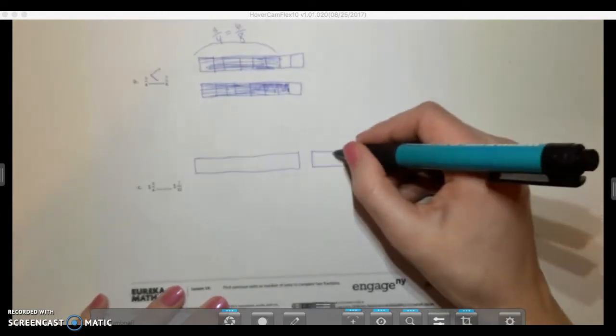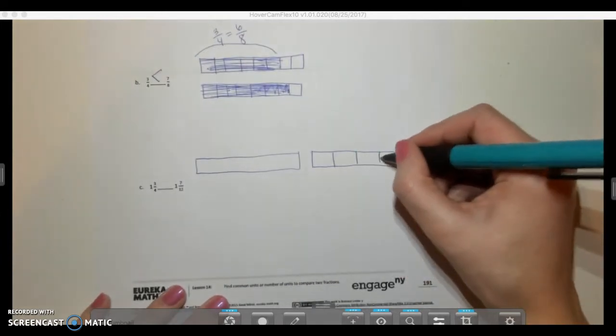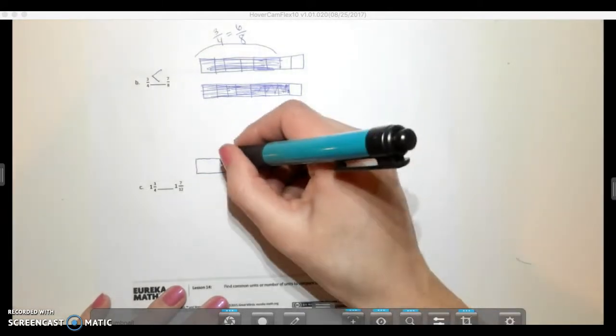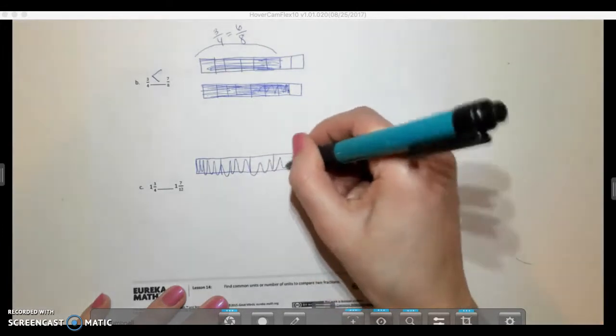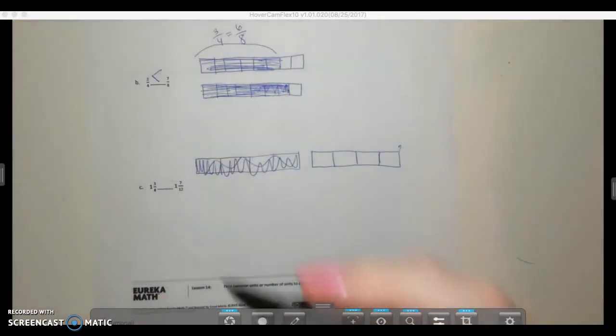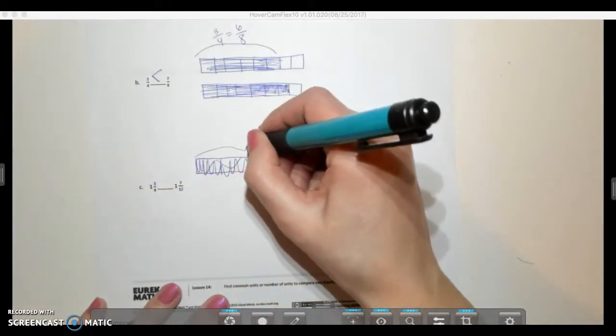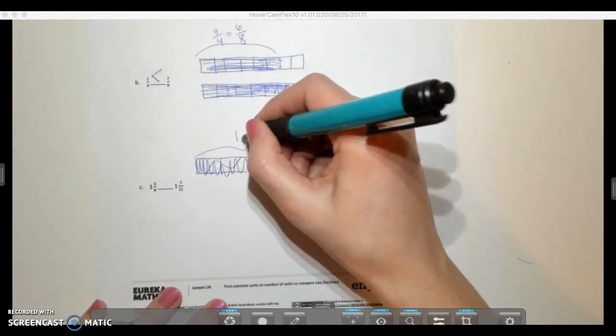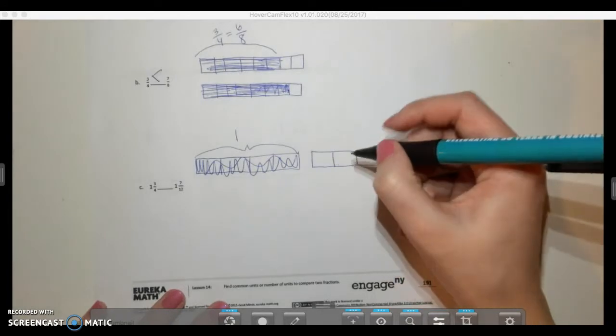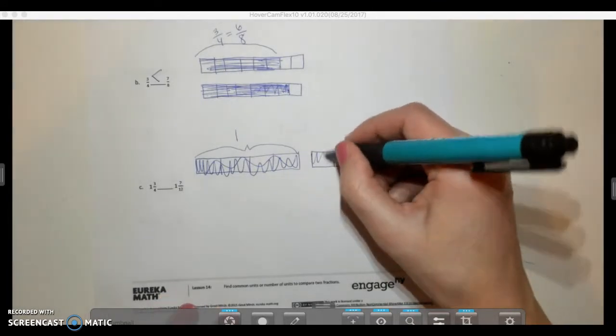So let's put this one into fourths. Let's put this one into fourths as well. But this one's going to end up being all colored in because it's one whole. And then we have to color in 3/4 on this one.